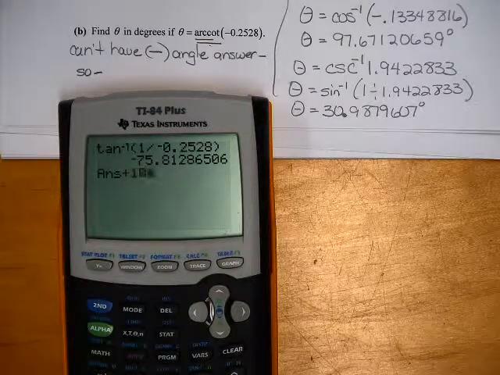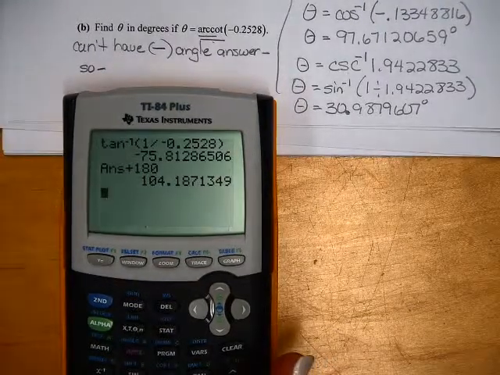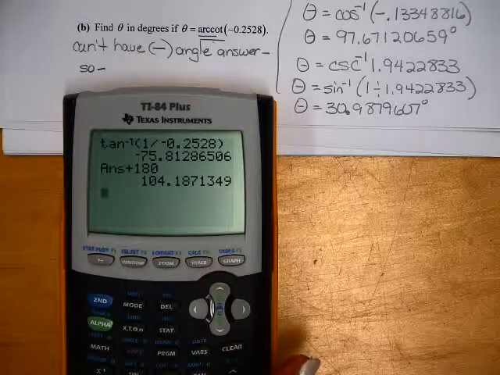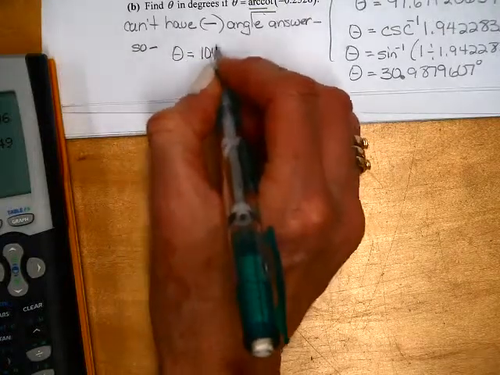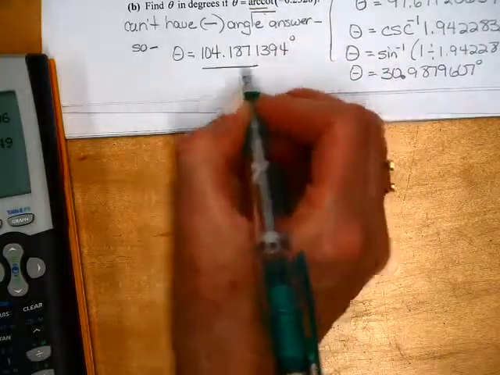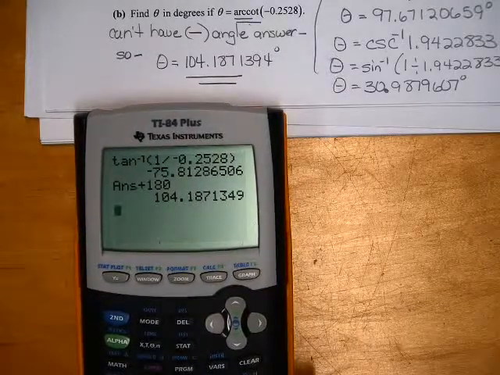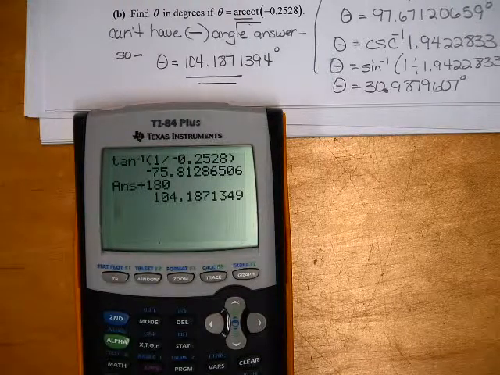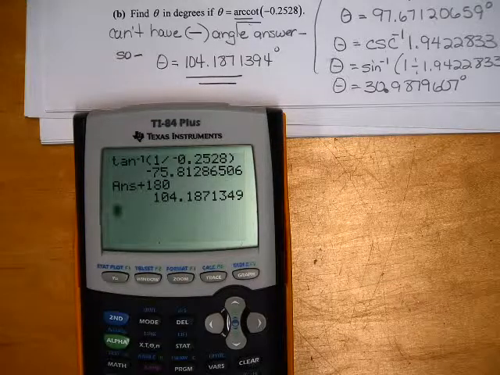So add 180 degrees to your answer, and the answer should be 104 point whatever degrees, assuming I typed it in right. So my answer would be that, because you cannot have an answer in quadrant 4. Yes, if you're in degree. If you're in radian measure, add pi. And only for the arc cotangent. Okay?